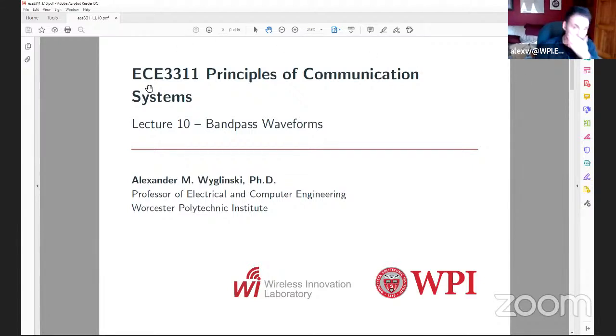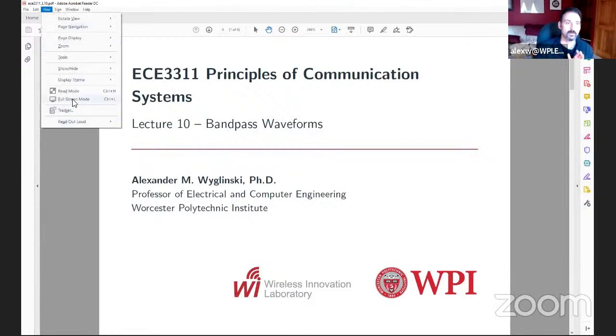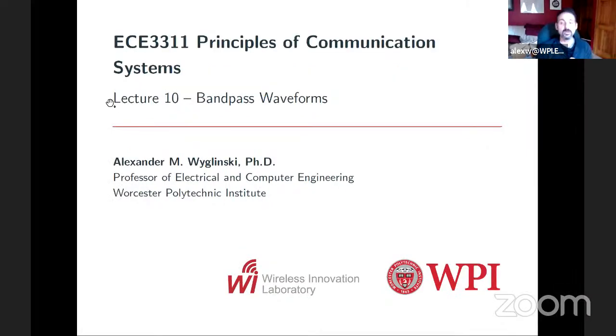So this is going to be an exciting lecture because we're making the transition from baseband communications to passband communications. And this is actually a very significant leap because we're effectively going from one type of communications that we see in things like automotive car harnesses and Ethernet and other forms of guided or wired communications, to communications that is performed in an unguided manner, like in the wireless domain.